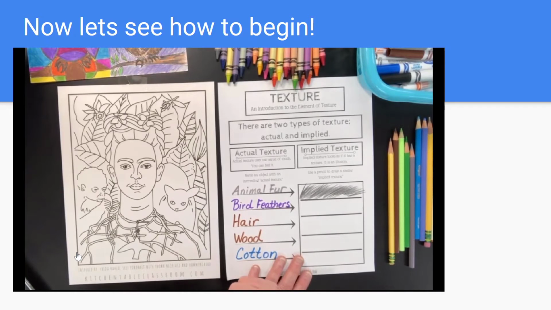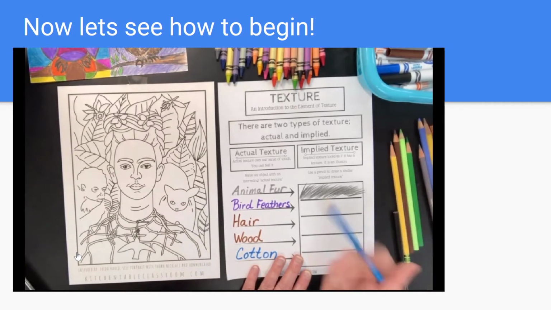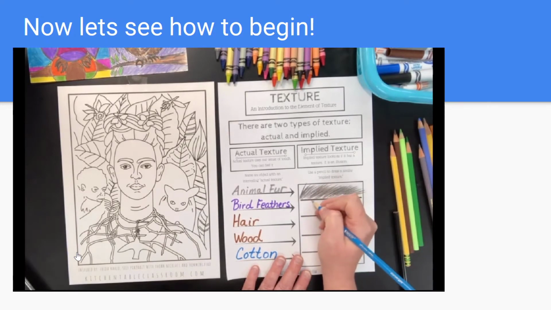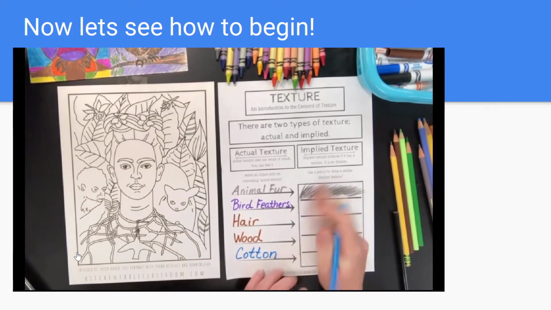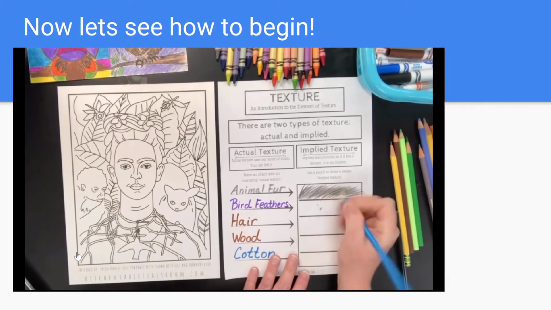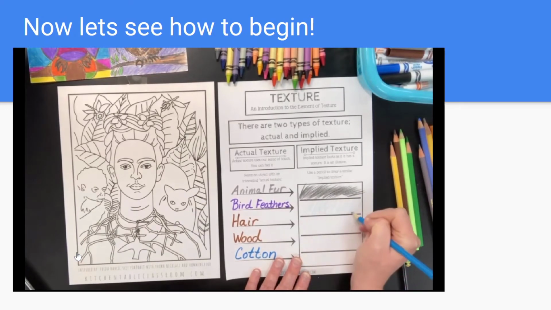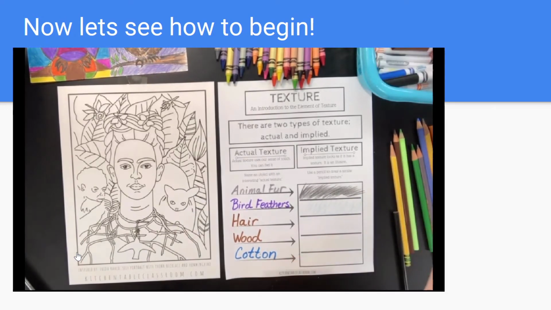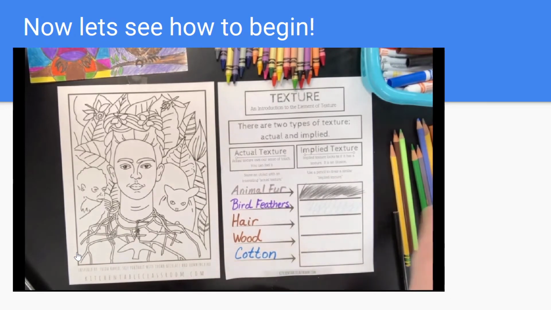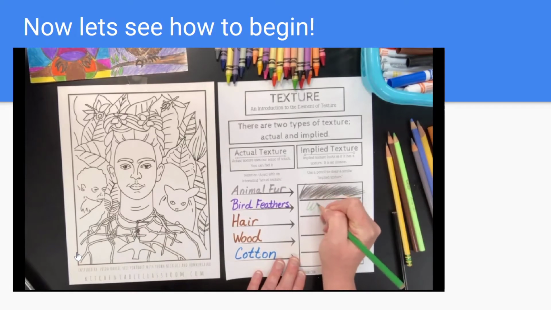Now bird feathers, they're a bit different and they can also be a little bit tricky. Bird feathers, you usually start off with kind of a bumpy texture. You can do these with colored pencil or markers. Bird feathers are hard to do with crayons. I'm going to make it a little bit darker actually because I think this might be hard for you to see on the camera.